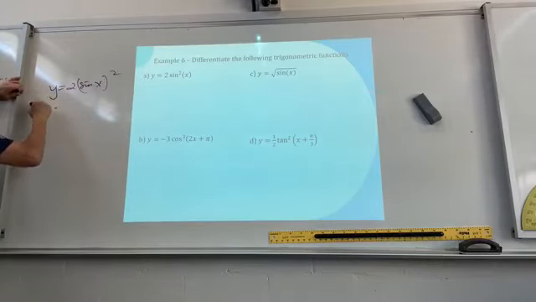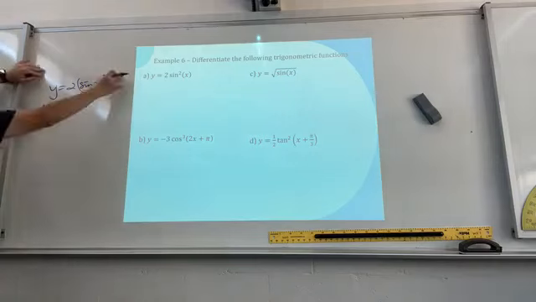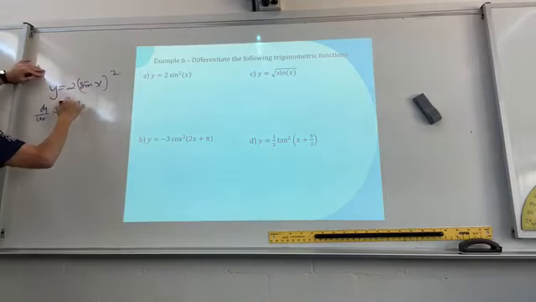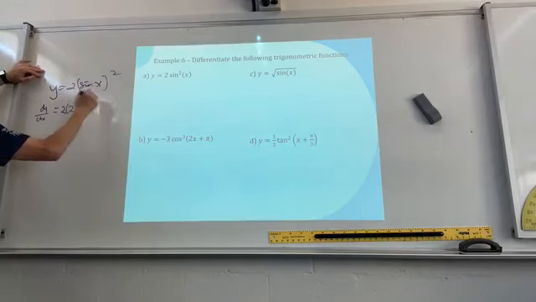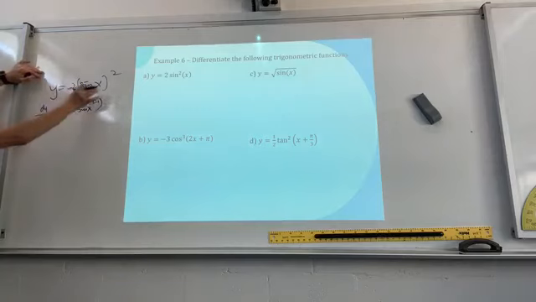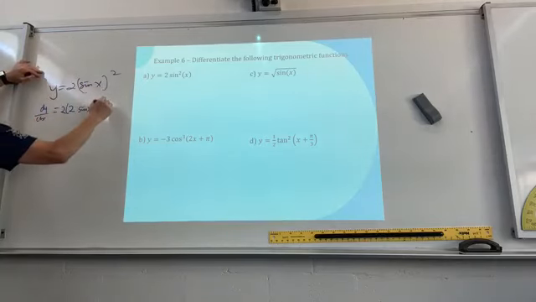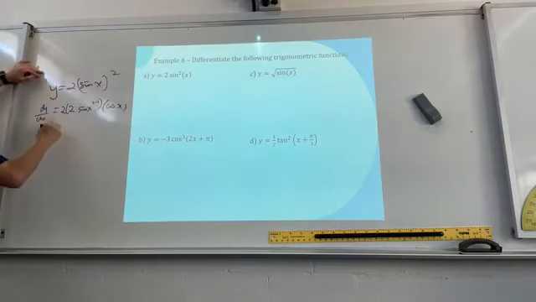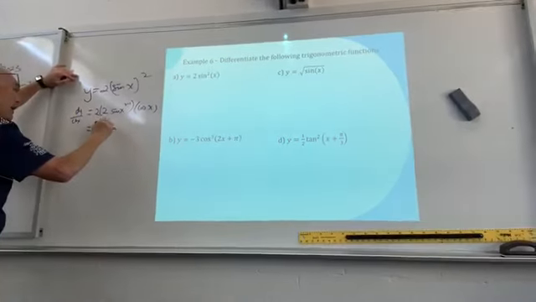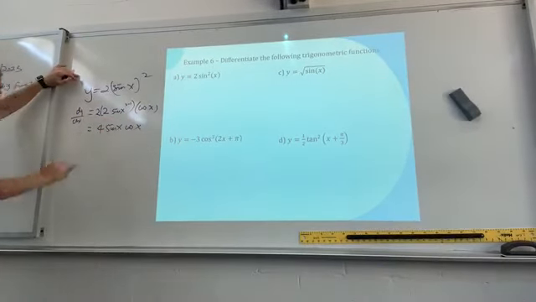The dy/dx will therefore be 2, which I'll keep, times sine x to the power of 1, because it's 2 minus 1. And then I differentiate the inside, which is cos x. So therefore I've got 4 sine x cos x.